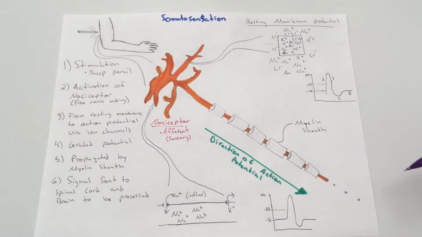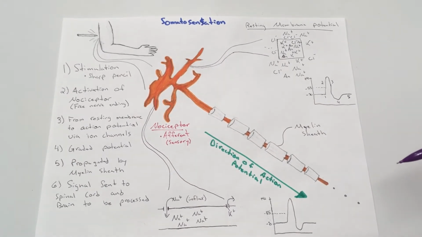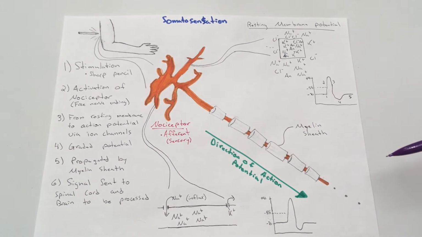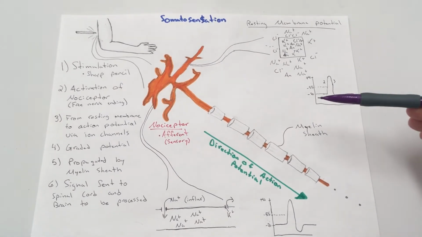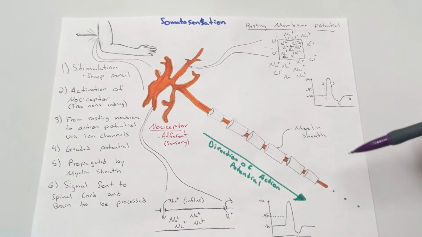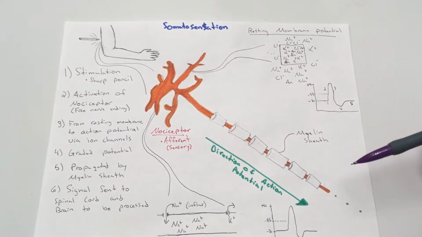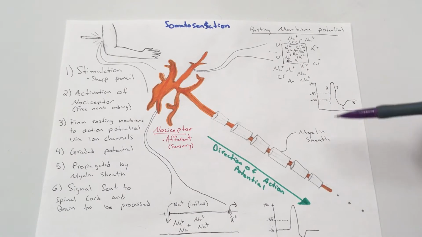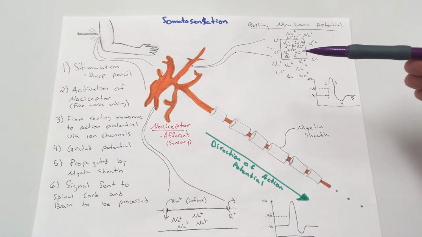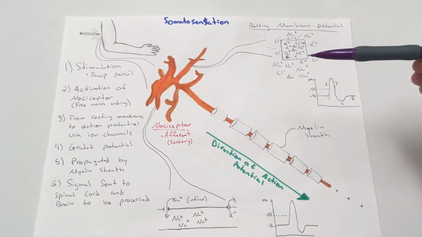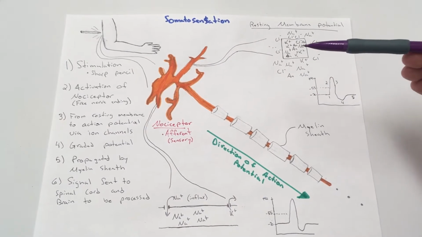Within the cell, it is vastly negative, specifically a negative 70 millivolt resting membrane potential, because it is largely made up of anions, which are negatively charged proteins. But within the cell you also have a small amount of sodium, some potassium, and some chlorine as well.